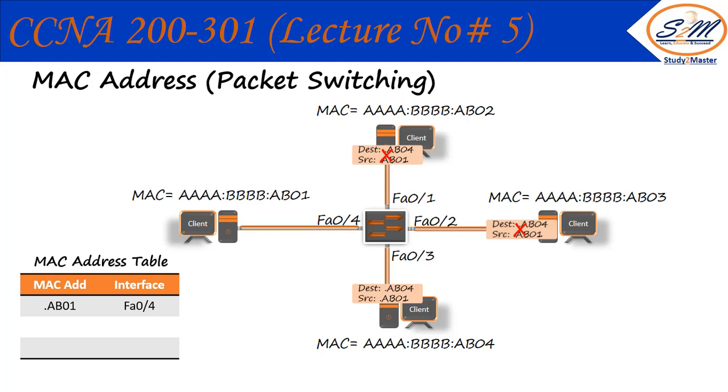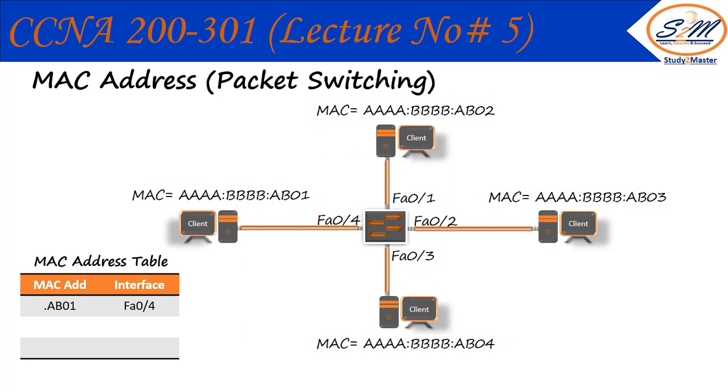Again, computer 2 drops the packet, computer 3 drops the packet, but only PC4 processes it and forwards the packet back to PC1. Keep in mind, when PC4 replies to PC1, the format of the source and destination is reversed.